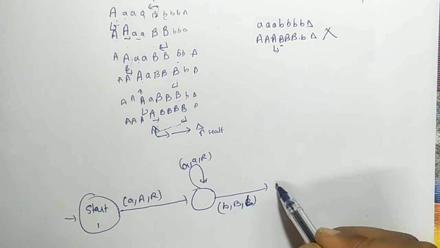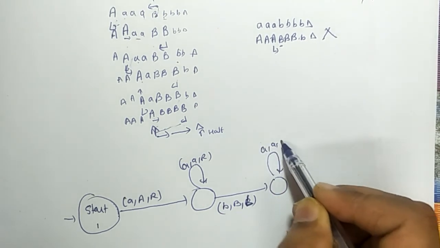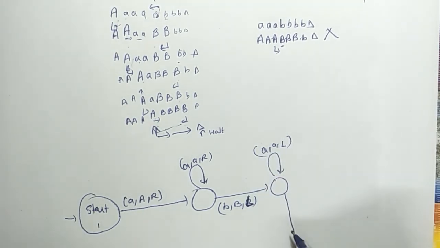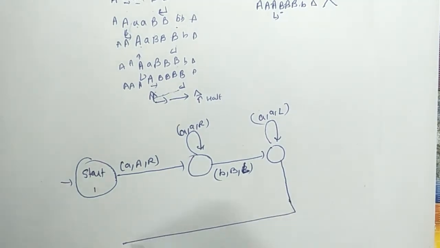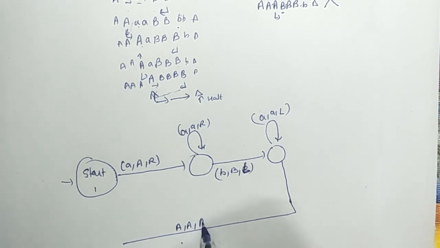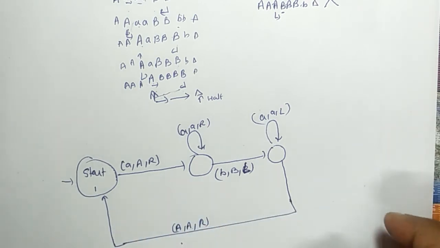In the left you will find some small a's, and you will move to the left till you get capital A. Here by moving to the left you will find a capital A, and in the right of this capital A you will find again a small a.